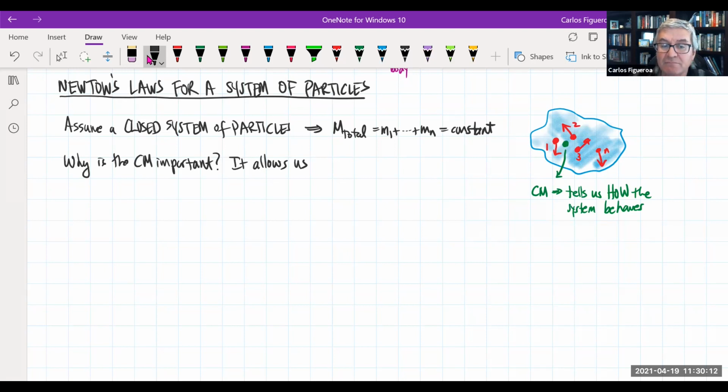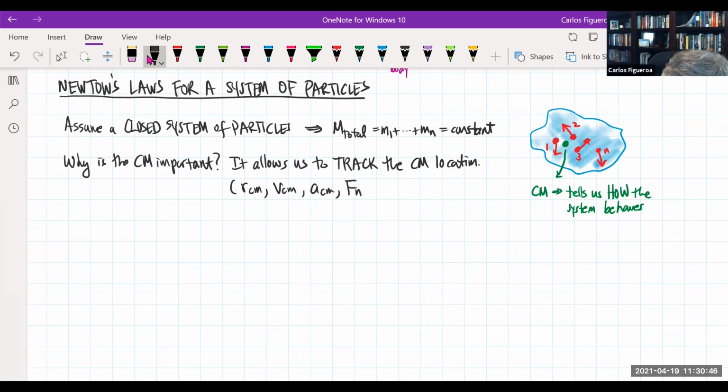The sun actually moves quite radically within its boundaries. But I bet you would say that the center of mass of the sun is a fixed quantity. Okay, it allows us to track the center of mass location. And what I mean by that is I want the center of mass location, the velocity of the center of mass, the acceleration, and then of course, the net force on the system.